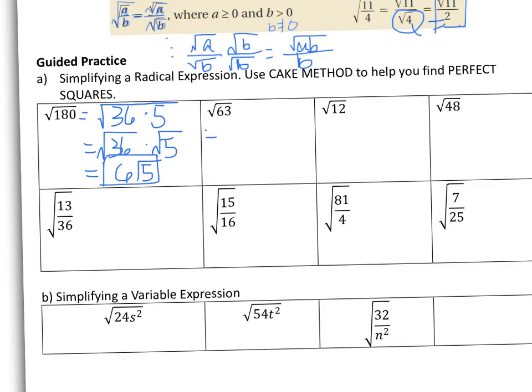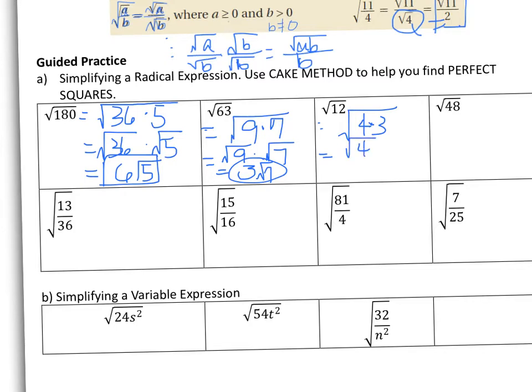And here 63, and now I can split it up to be 9 times 7, radical 9 times radical 7, 3 radical 7. And here we have 4 times 3.